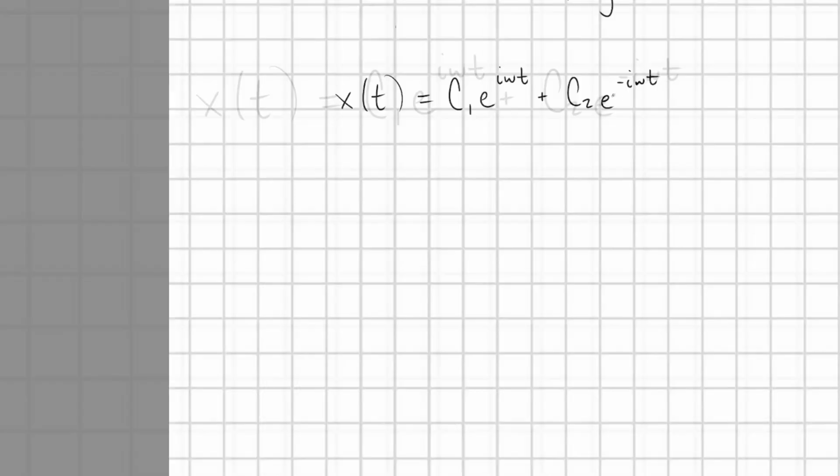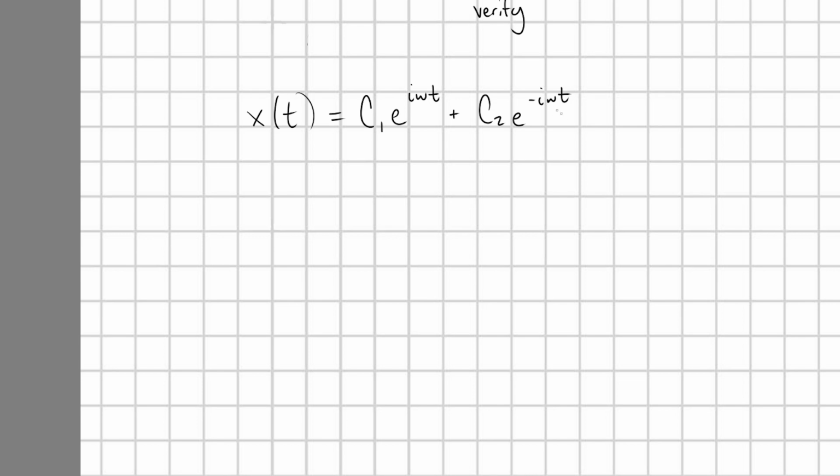My total function x of t equals c1 e to the i omega t plus c2 e to the minus i omega t, where c1 and c2 are arbitrary constants.